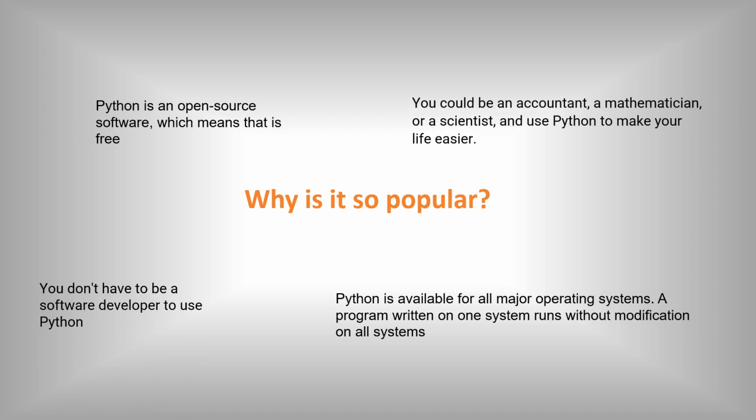It is because Python is open source software, which means it is free. Yes, that means you could be an accountant, a mathematician, or a scientist, and use Python to make your life easier. And Python is available for all major operating systems. A program written on one system runs without modification on all systems.